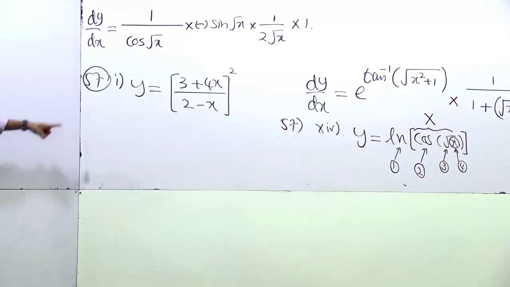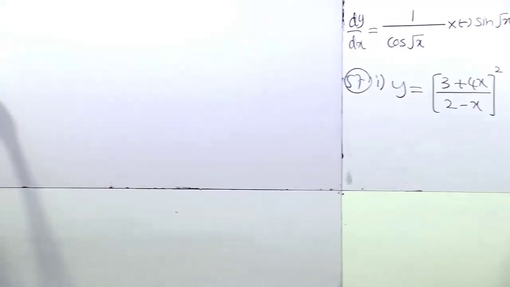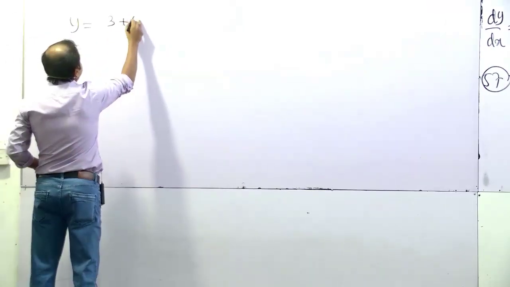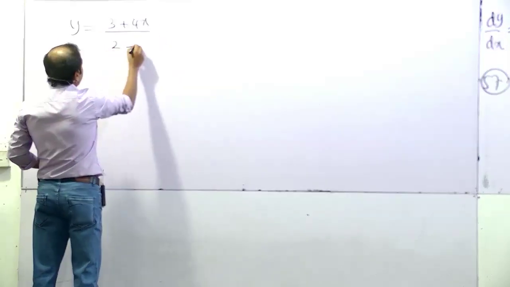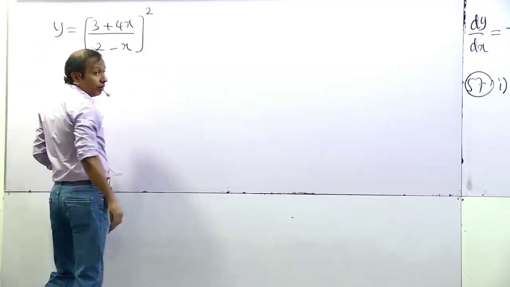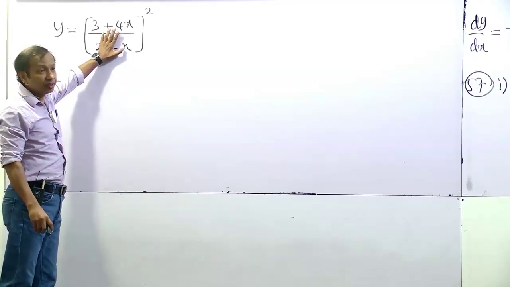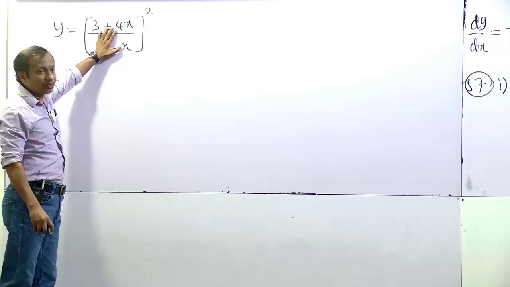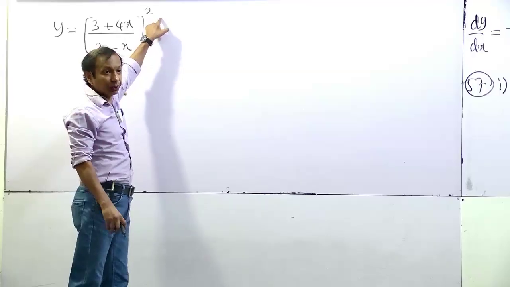How to start this? y equals 3 plus 4x divided by 2 minus x. First assume this as capital X. Then we have X squared. Then what is the first function we have to differentiate? 2, no?